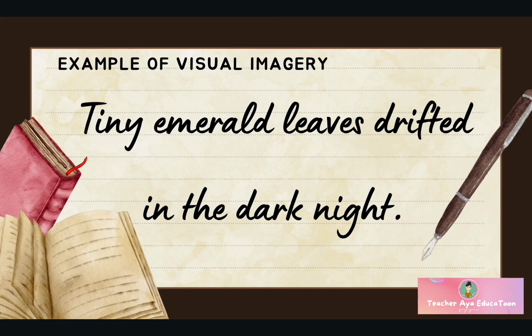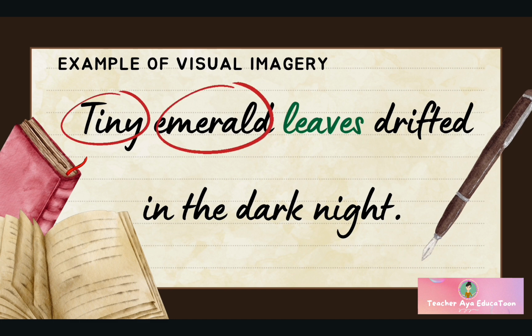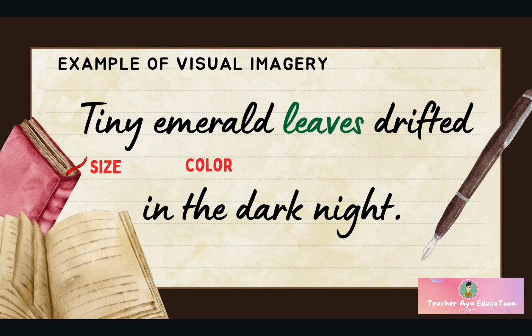Example: tiny emerald leaves drifted in the dark night. This line appeals to your sense of sight because it describes the leaves using the word tiny and emerald. Tiny pertains to the size of the leaves, and emerald is the color of the leaves.